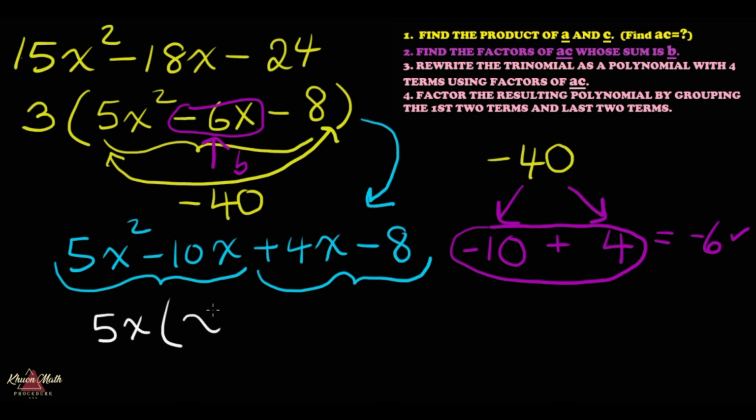That's x. And 5x times what gives us negative 10x? That's negative 2. And then with the last 2 terms, we can take out positive 4, and you're left with x minus 2.